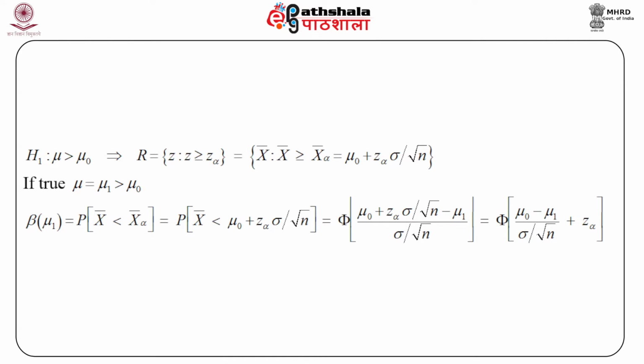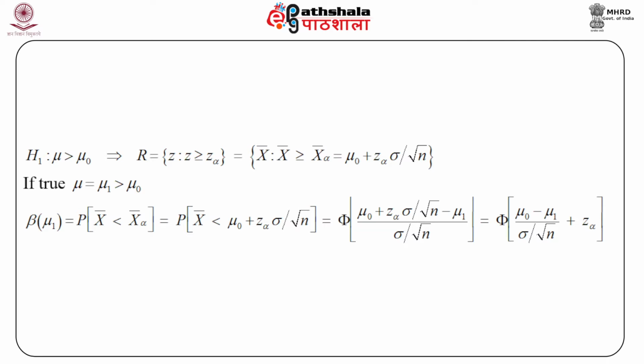We can consider the three alternative hypotheses, which is H1 of μ greater than μ0, where our rejection region R is Z such that Z is greater than or equal to Zα, and this is equal to x̄ such that x̄ is greater than or equal to x̄α equal to μ0 plus Zα into σ by root n.